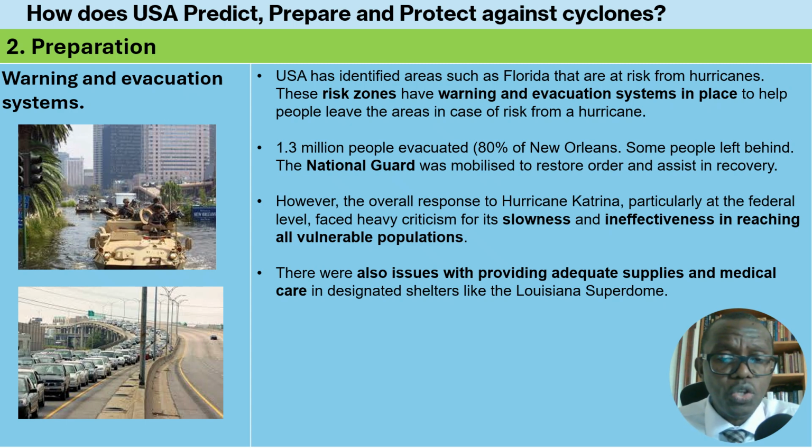Okay, so there were also issues with providing adequate supplies and medical care in designated shelters such as the Louisiana Superdome. Okay, we had mentioned that earlier, and again, that is a criticism that could be used when you are either assessing or evaluating the management of Hurricane Katrina.